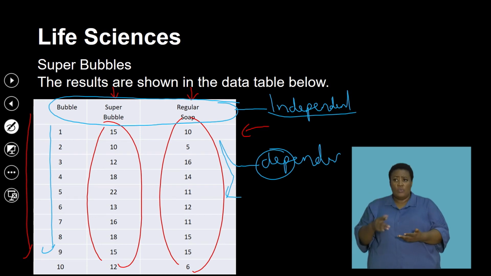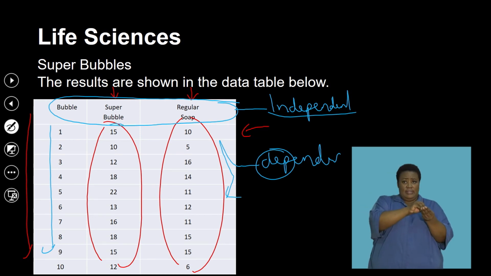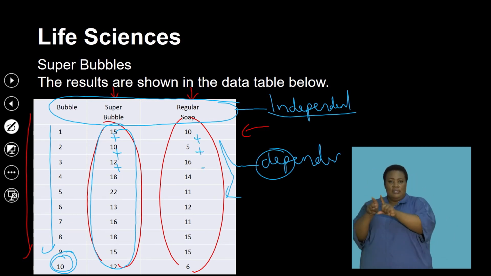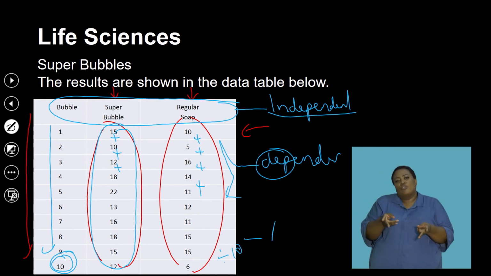And in this case, you guys would need to add up the sum of all these 10, and you would need to divide that sum by 10. And so essentially it's the total of these. So you've got to add them up, and you've got to divide by 10, and you've got to do the same for the data collected for the regular soap. And that would also be divided by 10 to produce what we call the average.